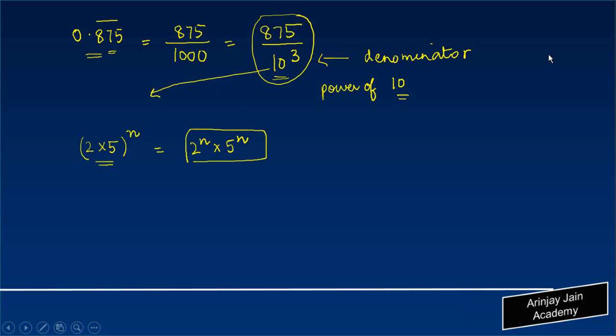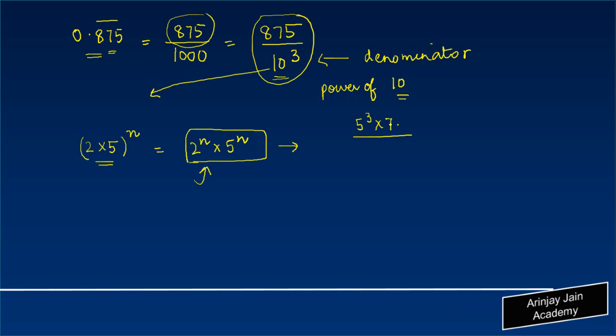Now, whenever we have this denominator, we express the numerator as well in terms of its prime factors. So I can write 875 as 5 to the power 3 times 7. When you do the prime factorization of 875, you get 5 to the power 3 times 7.